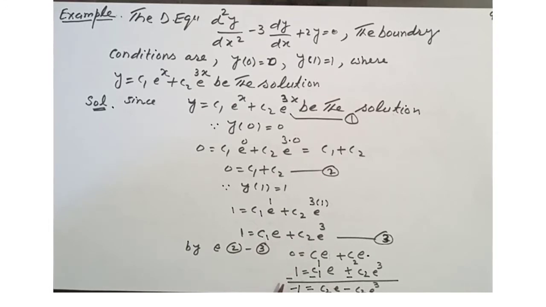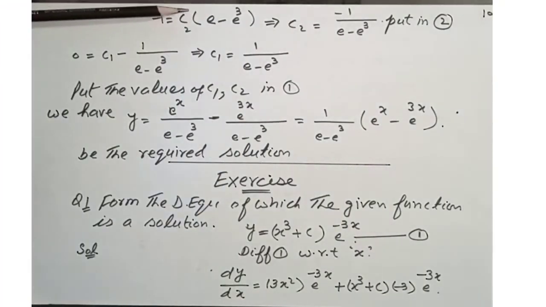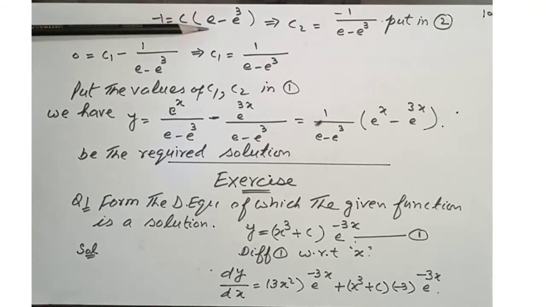Now we write this equation and subtract, so we change the signs. 0 minus 1 is minus 1, and these two c1 e terms cancel, one positive and one negative. This becomes c2 e minus c2 e cube. So minus 1 equal to c2 e minus c2 e cube. We take c2 common, and the value of c2 becomes minus 1 over e minus e cube.